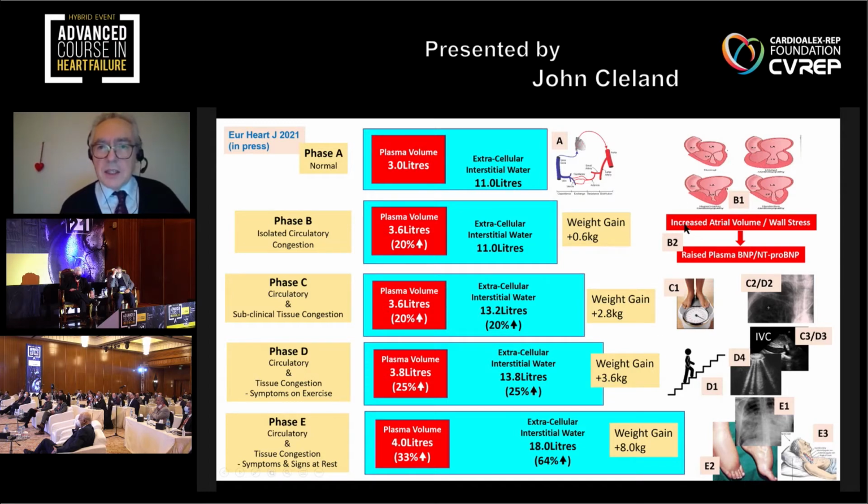But the earliest signs of congestion are the dilatation of the left atrium and the rise in natriuretic peptides. And this will occur long before you see the weight gain, the lung interstitial fluid, the upper lobe venous diversion, the peripheral edema, the pulmonary edema, and the chest X-ray. We can potentially catch the problem much earlier in its course.